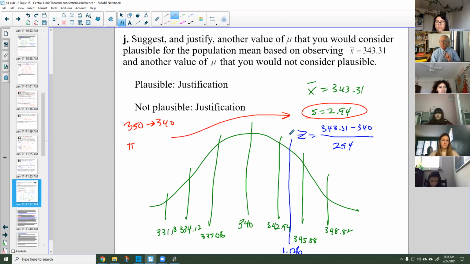I had to recalculate it, because the standard deviation for categorical variables is pi times 1 minus pi over n, and take the square root. But for this quantitative variable, it's the standard deviation divided by the square root of n, and changing the mean is not going to change the standard deviation. Pretty good? Are we kind of doing okay here? Okay.